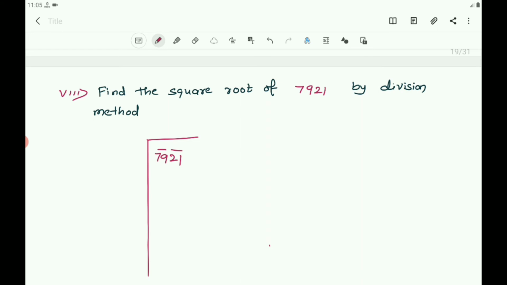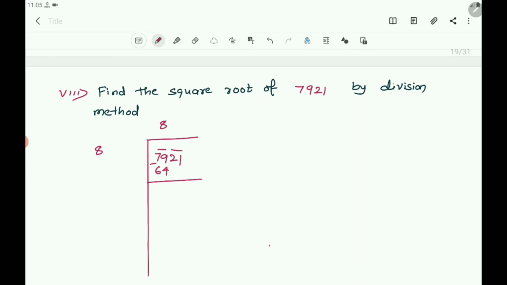You must find the number which is nearest to and smaller than 79. You know that 8 8s are 64, and 9 9s are 81. 81 is more, so we have to consider 8 8s are 64. You take 64, that is 8 squared, and 64 is a square number.